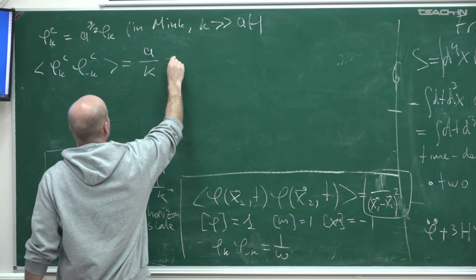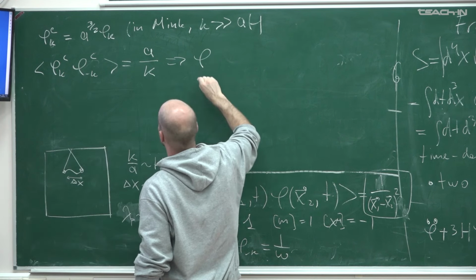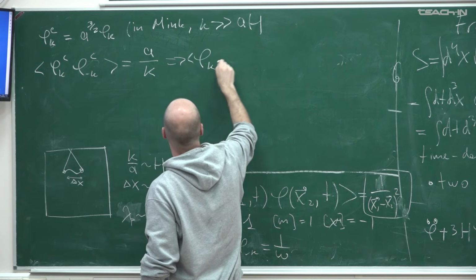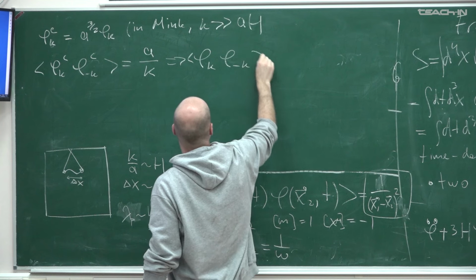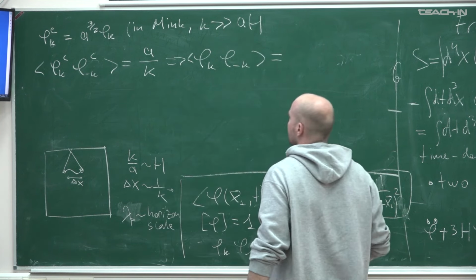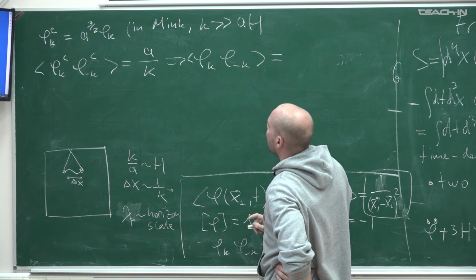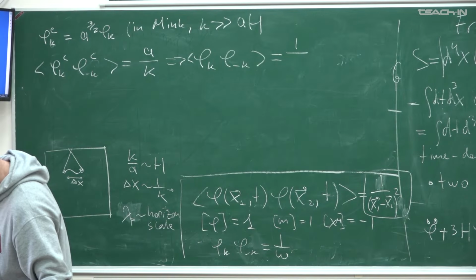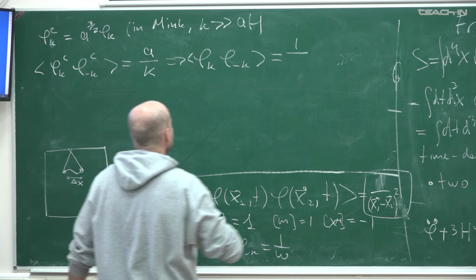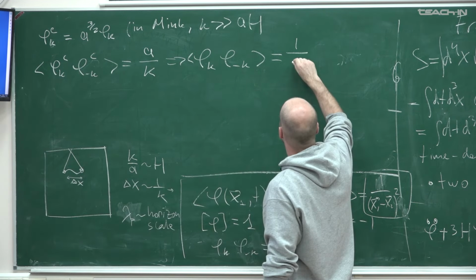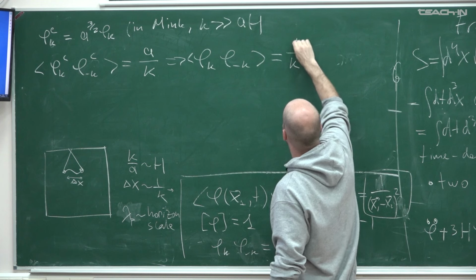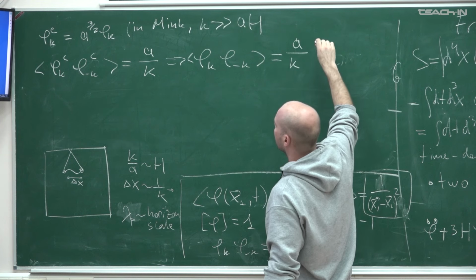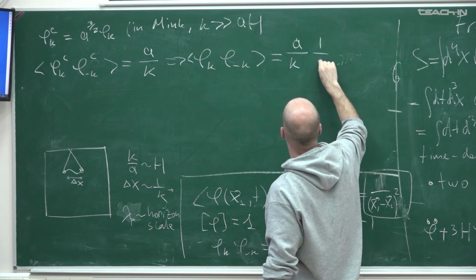From which it follows that phi k, phi minus k will be 1 over k, a, and then 1 over a cubed, right?